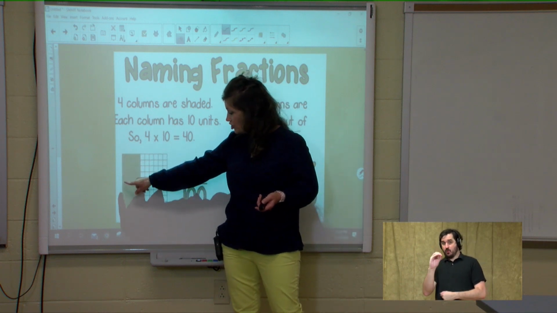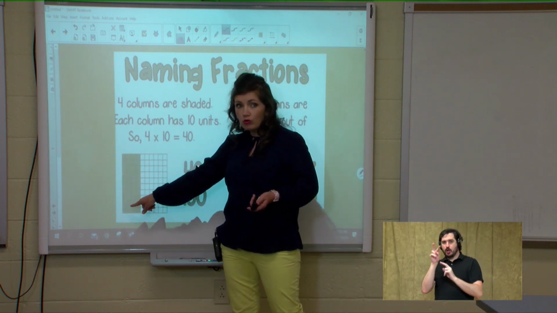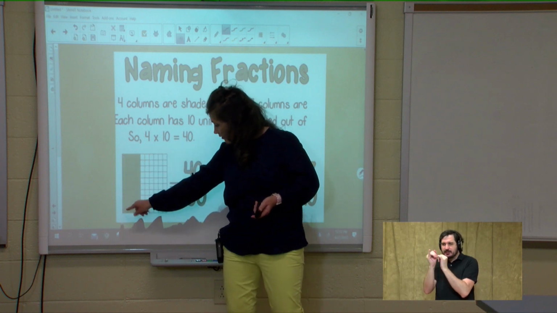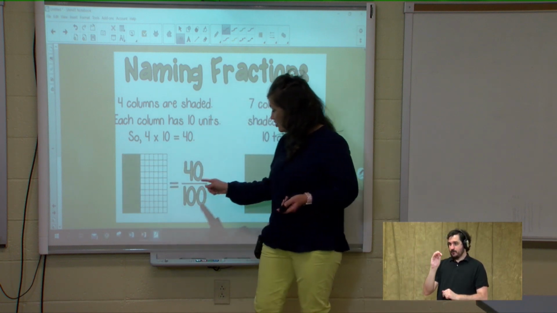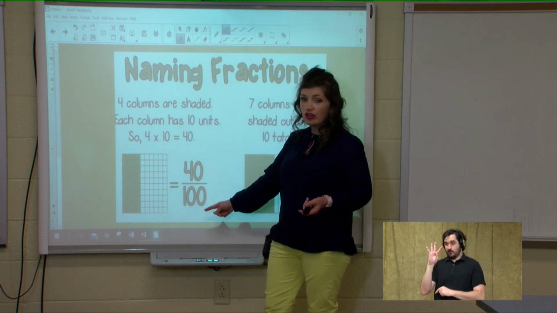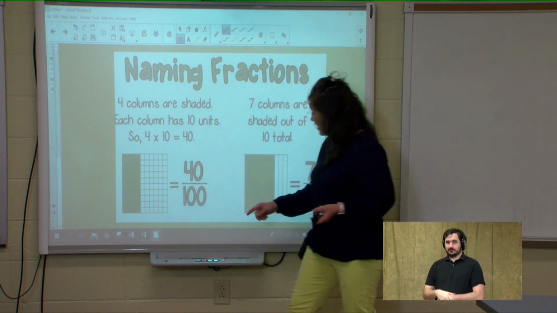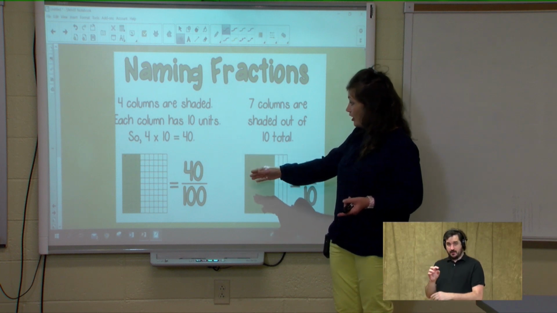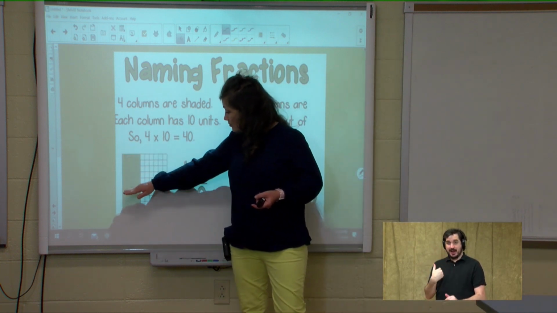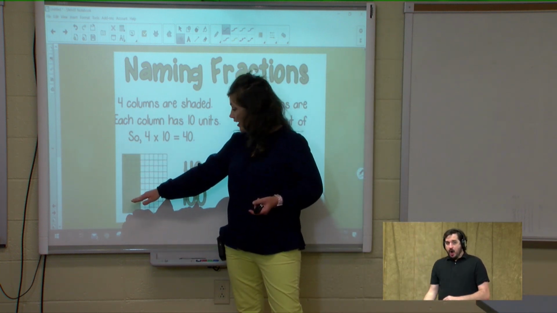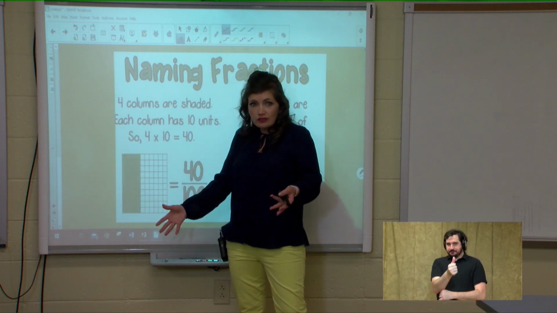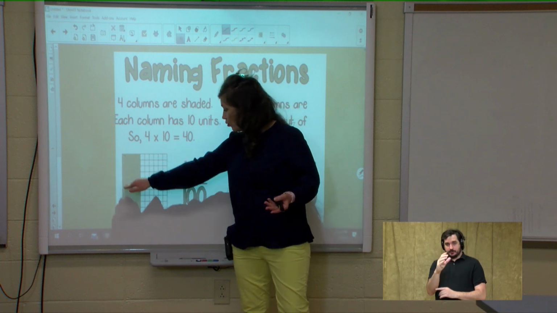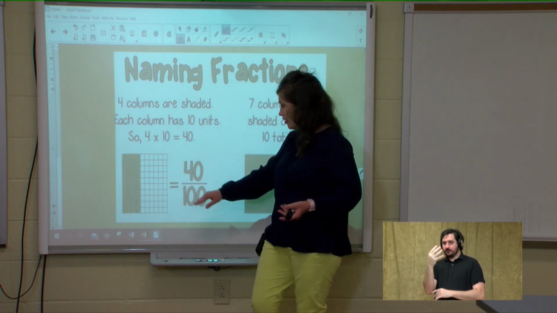If you look at each individual unit or hundredth, there's 10, 20, 30, 40. So 40 hundredths. If we just had 4 columns without the units shaded, that would be 4 tenths because we know 10 hundredths make up a tenth, so 4 tenths or 40 hundredths.